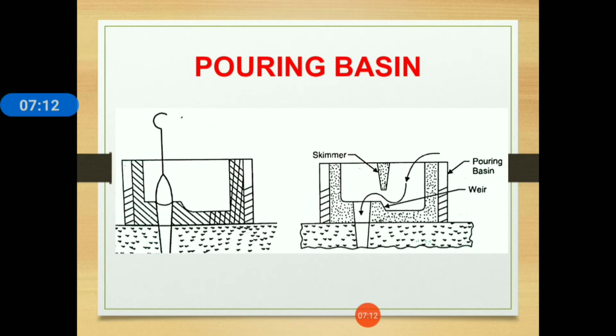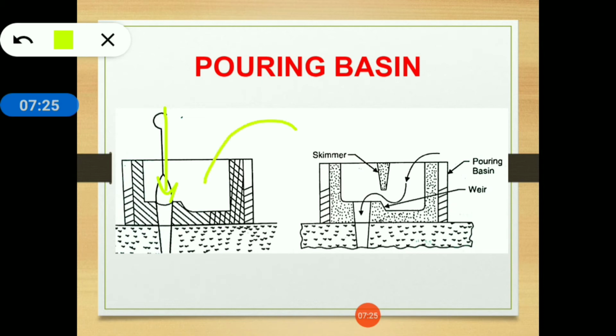If your molten metal has a large number of impurities, then plug or insert a plug into the sprue and then pour the molten metal into the pouring basin. The pouring basin fills up with molten metal and it will not enter the sprue, because the plug is inserted inside the sprue.